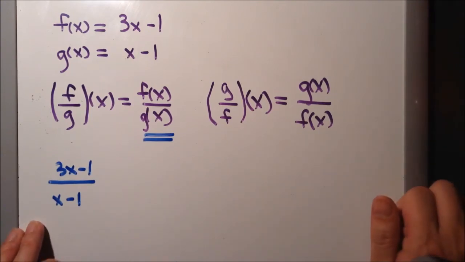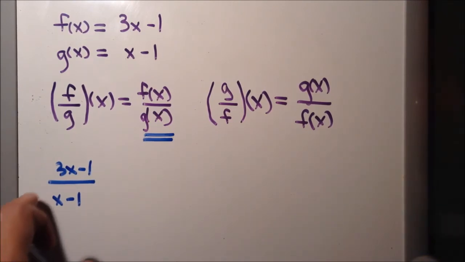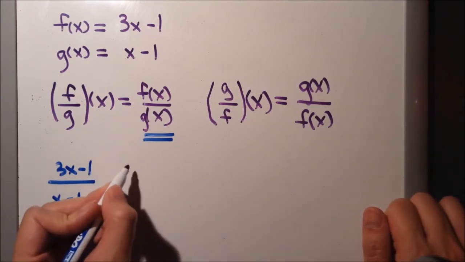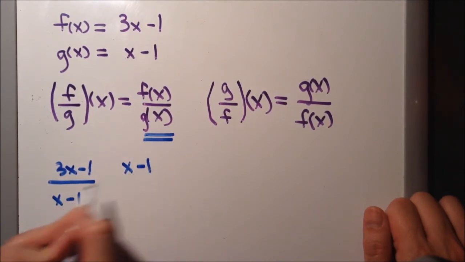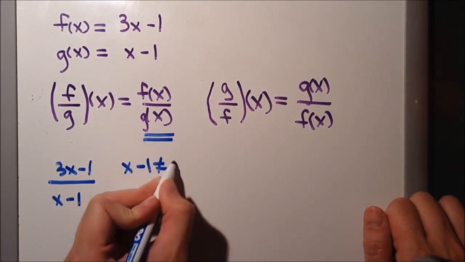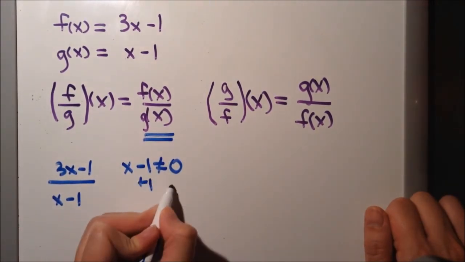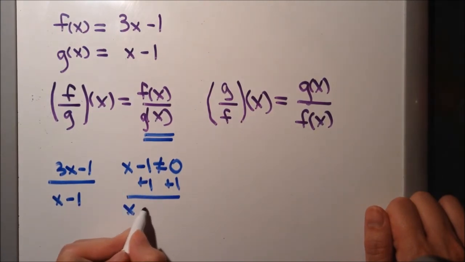So our next step is to find what x cannot equal so this does not become 0. So what we usually do is we set the denominator, which is x minus 1, not equal to 0. So we're going to solve for x, plus 1 on both sides. So x does not equal 1.